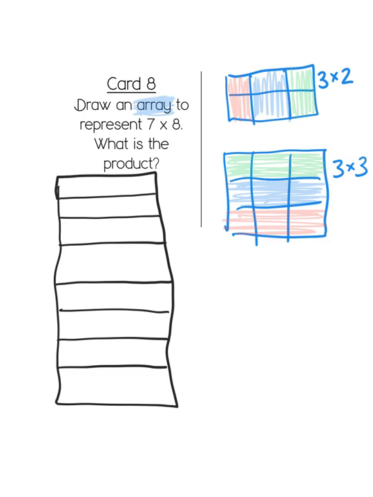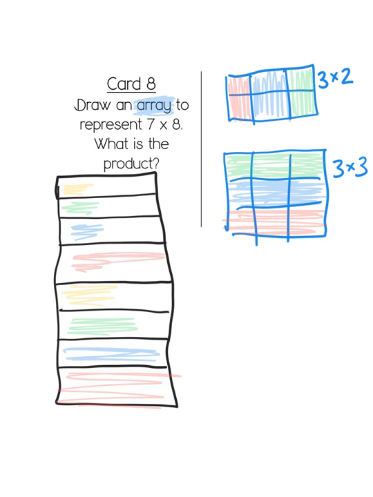That gives me another group of 4 pieces. So now I have a total of 8 rows. Let me just count them and make sure. 1 row, 2, 3, 4, 5, 6, 7, 8.